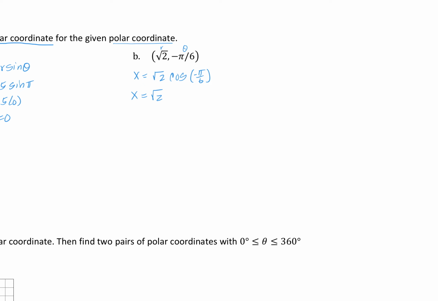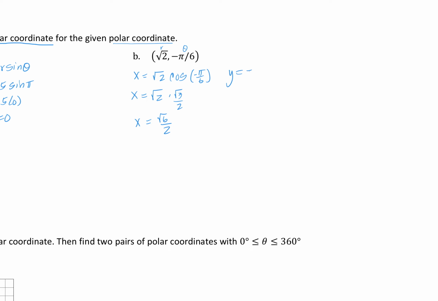So cosine of negative pi over 6, that's in quadrant 4. Well, cosine of pi over 6 is what? Square root 3 over 2. So in quadrant 4 it's still positive, square root 3 over 2. So just look at your unit circle. And then that will give me an x value of square root of 6 over positive 2.